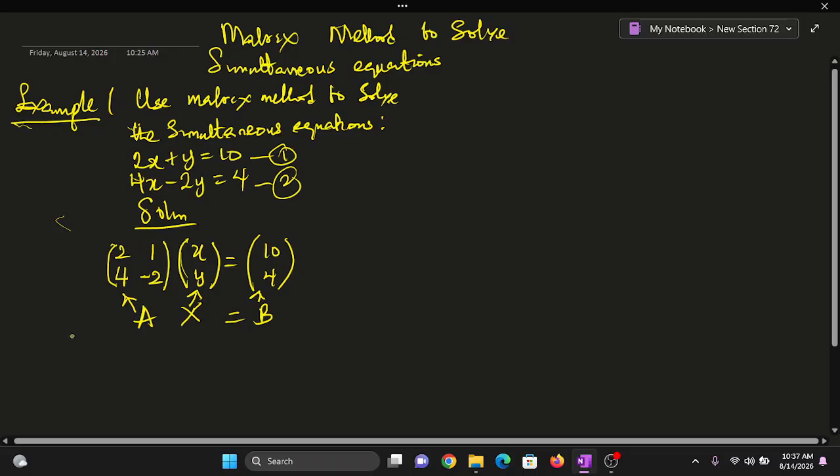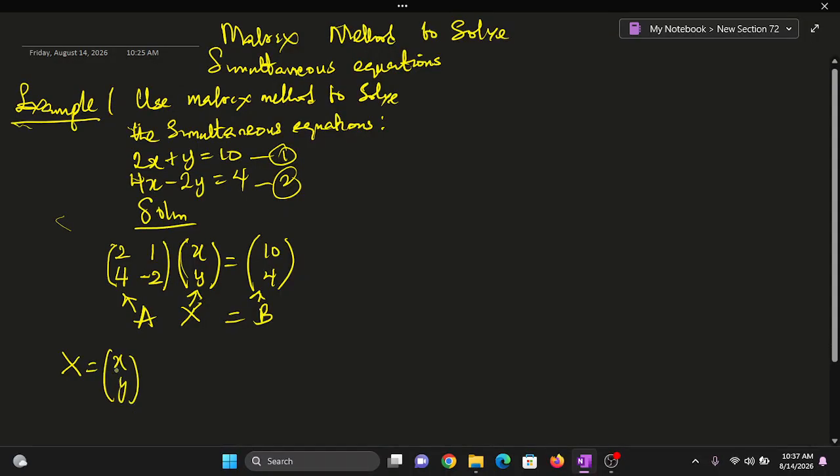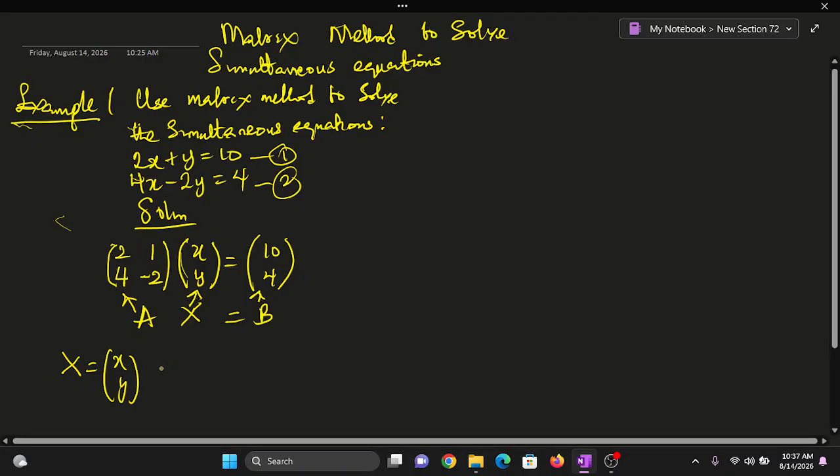Now, using the matrix method, in this case we want to apply, knowing that your X is equals to x comma y, and we are actually looking for x and y. So how do we make X the subject of the formula in order to look for our x and y? This is how to go about it.